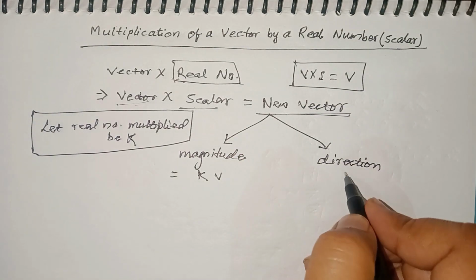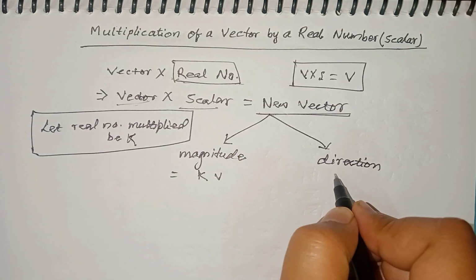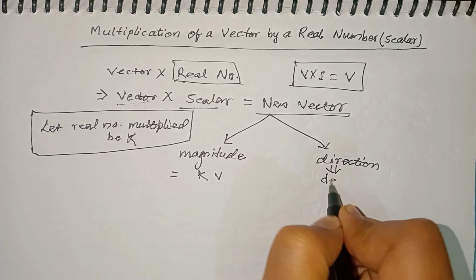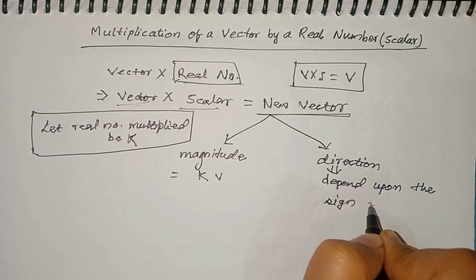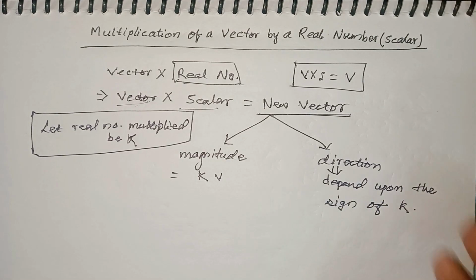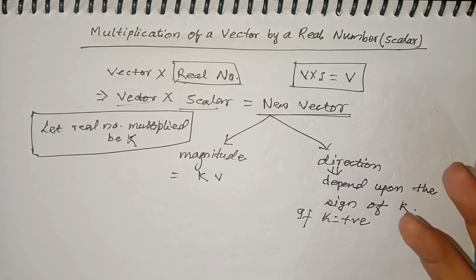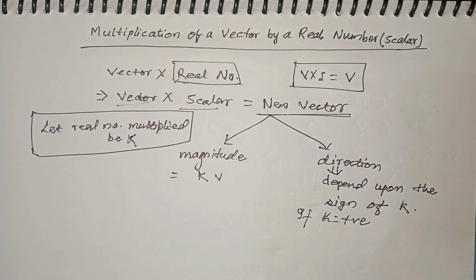And its direction will depend upon the sign of k. It means if k is positive, then the new vector will be along the previous given vector.